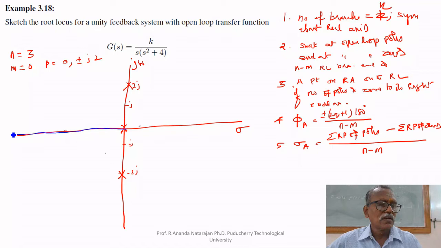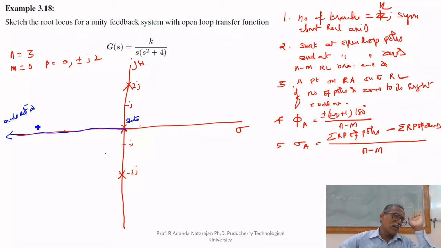It starts here and ends at minus infinity. So this branch goes up to infinity because to its right there are an odd number of poles and zeros.